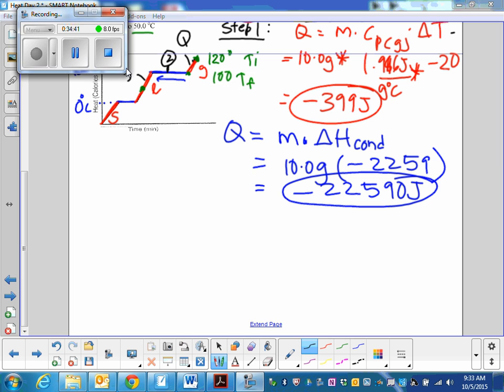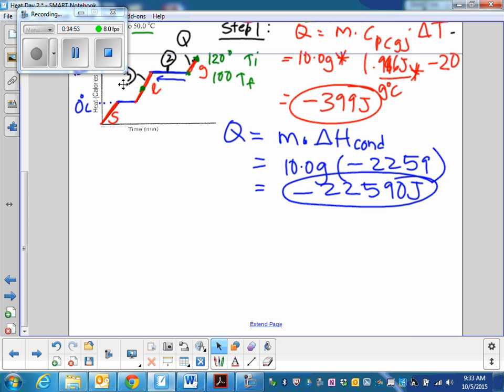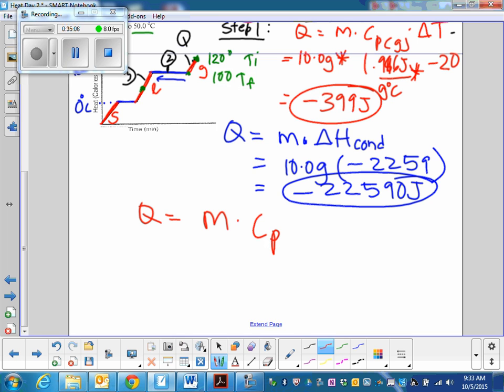It's a slope. What is my equation, Gabby? It's a slope. It still hasn't clicked? Q equals M times Cp of what? Cp of solid, liquid or gas?